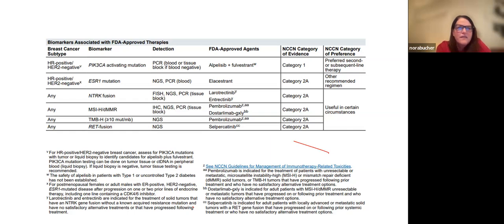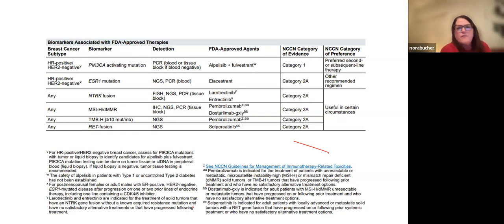Then we also have something known as MSI high or MSIH, which is microsatellite instability, and that has to do with the gene expression, and it indicates that a patient may respond to immunotherapy such as pembrolizumab or Keytruda.